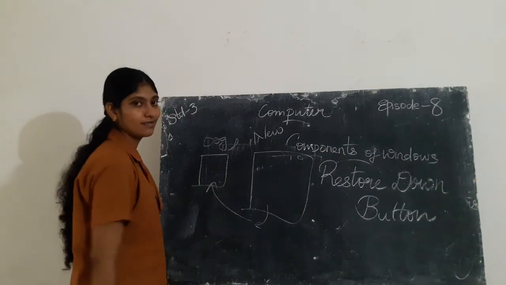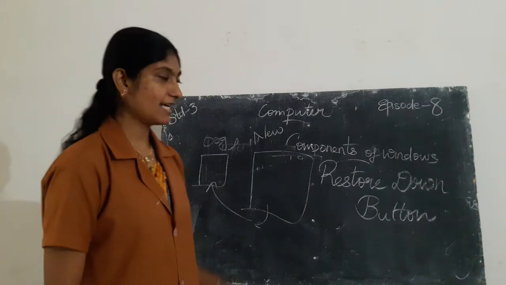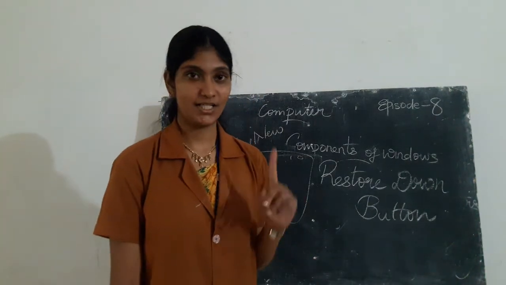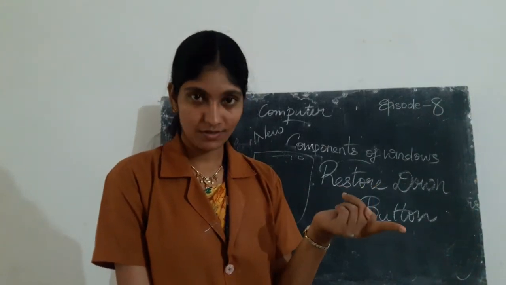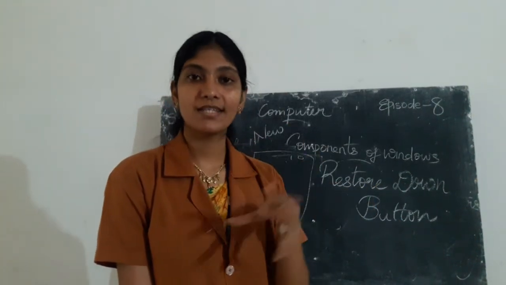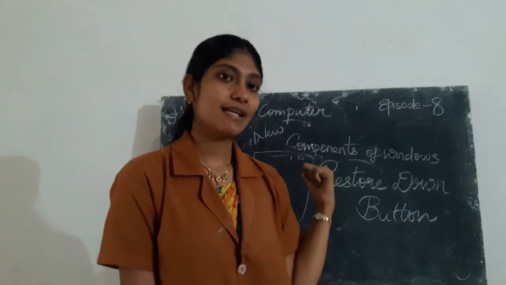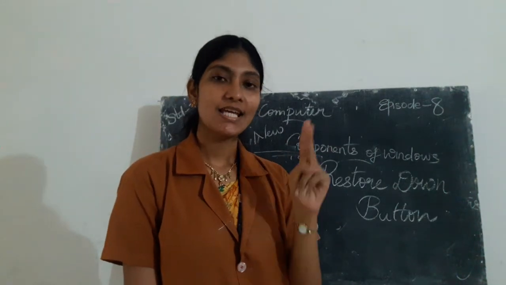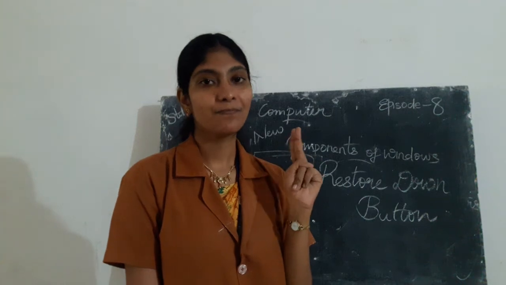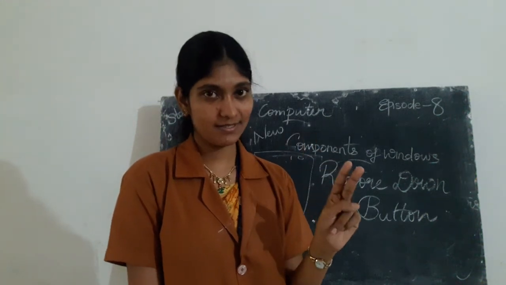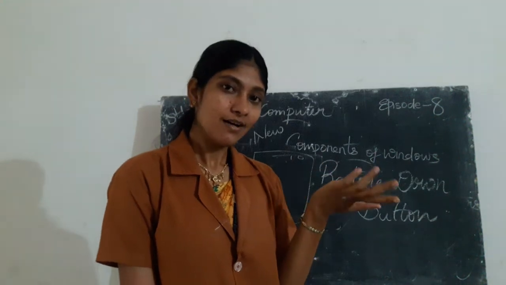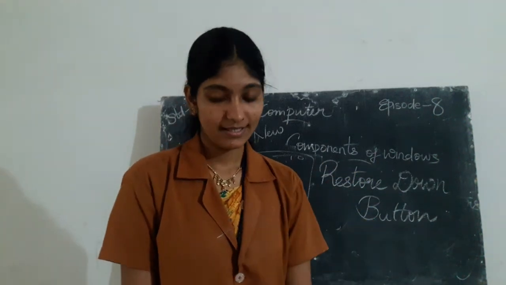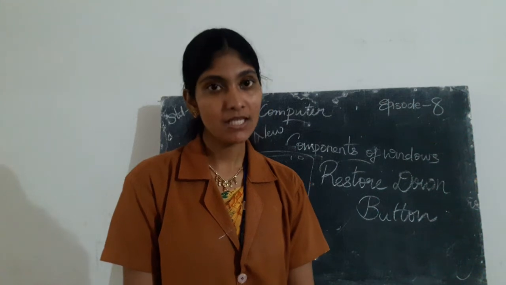It is the previous window. Okay, that is the restore down button. So first is the maximize button to increase the size of the window, that means to cover the full screen. Then second one is the restore button. It will display only when the window is maximized, and then it will restore to the previous window state. Then third one is the minimize button.